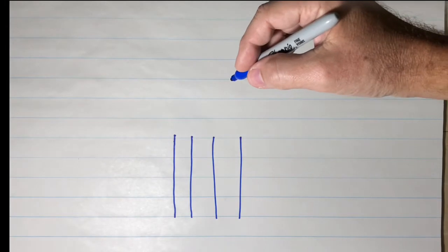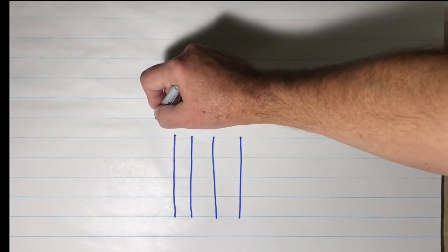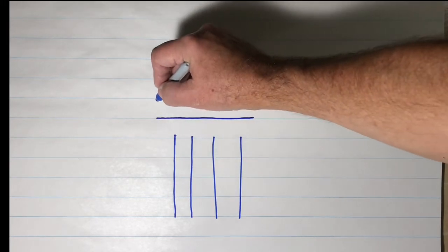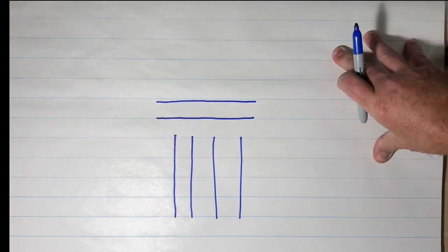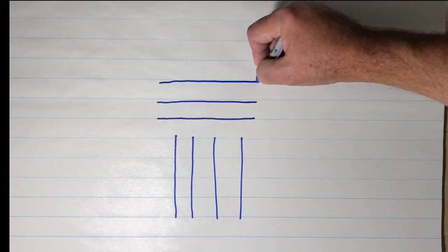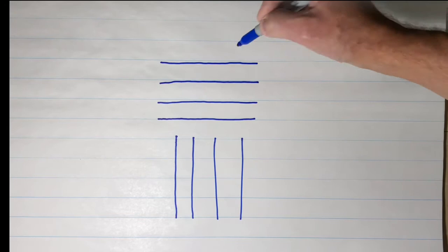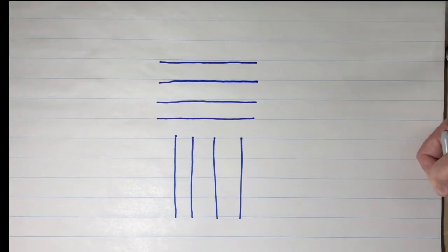Now that we've drawn 4 vertical lines, let's try some horizontal lines. On my paper, the horizontal lines are going to go the same direction as the blue lines on the paper. Horizontal lines go side to side. Now we have 4 horizontal lines.